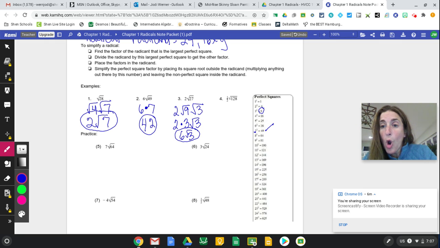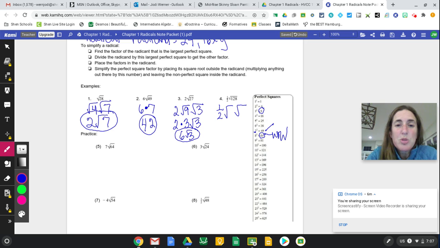1/2 radical 128. Whoa, Warner, you put a fraction out there. That's okay. It's a half. We can do it. Okay, so now I know I need to find 2 factors, and I'm going to look for the biggest one. So if I'm looking down my list, whoa, that's crazy. If I'm looking down the list for the biggest perfect square that goes in here, I'm going to kind of start up in here somewhere. Like I know 100 won't divide in. I know 81 won't, but 64 will. 64 is big, and it goes in there 2 times.